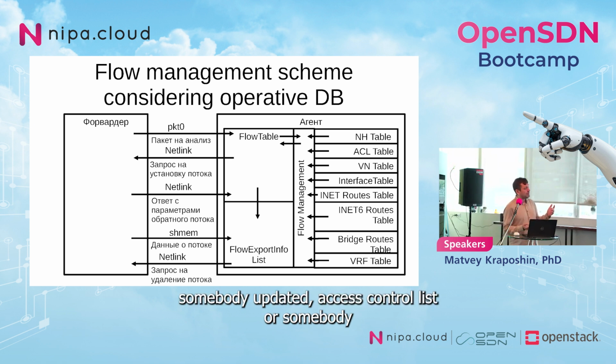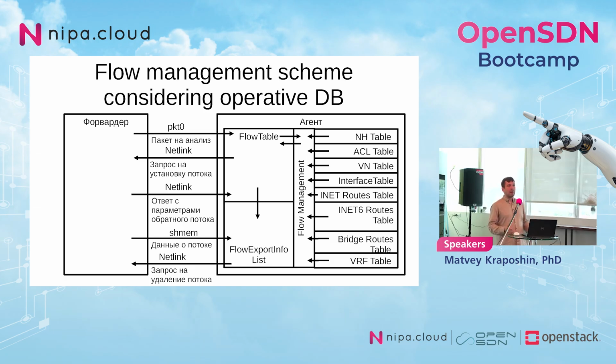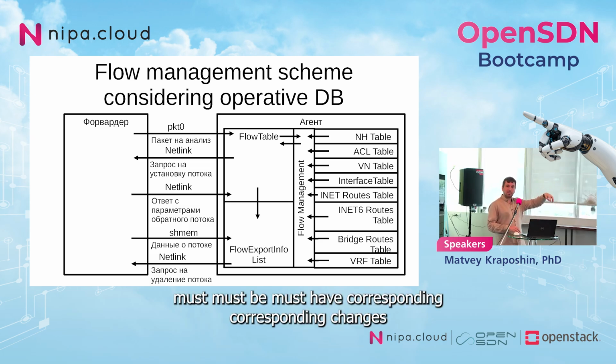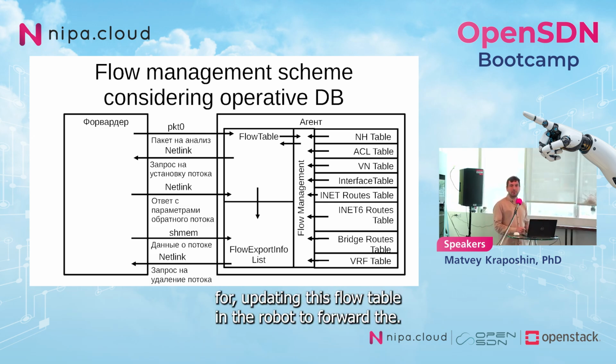For example, somebody updated access control list, or somebody updated bridge routes table, or anything else. All changes that came from config must have corresponding changes inside the router forwarder, and the router agent is responsible for updating this flow table in the router forwarder.